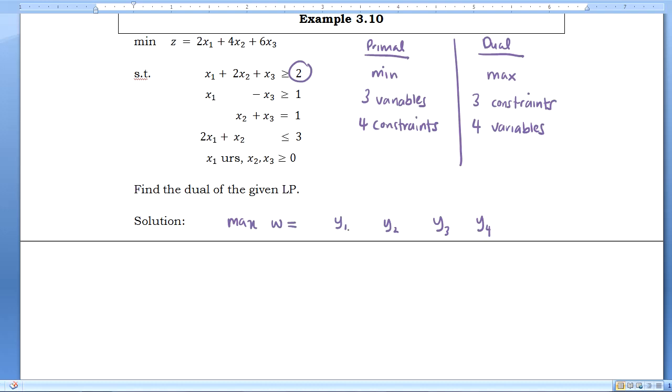So 2y1 plus 1y2 plus 1y3 plus 3y4. Subject to, we have 3 constraints. Better we write down the variables in every constraint: y1, y2, y3 and y4.